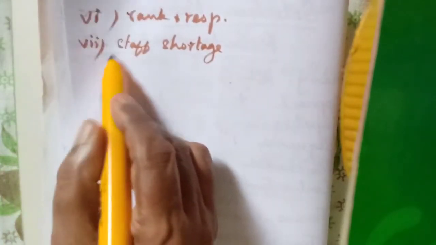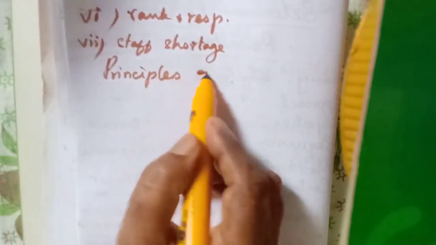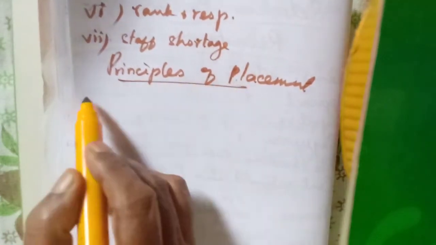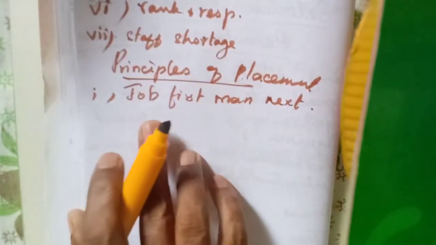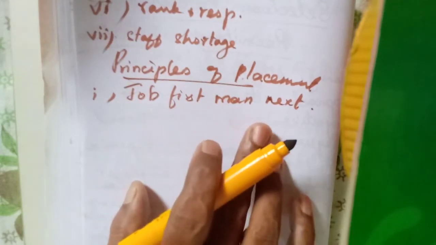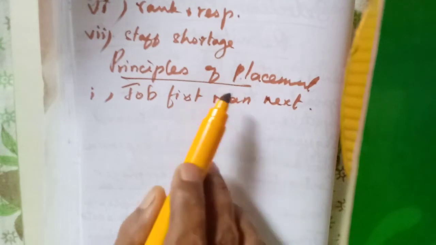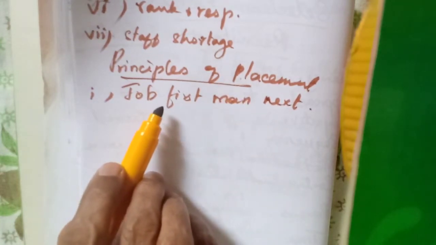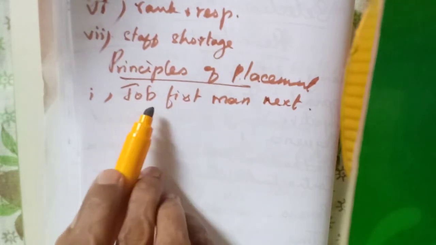Then the next heading, principles of placement. The first one, job first, man next. Why is it said? Because we are placing the right man in the right job. First we have to select the job, man next, that is the main principle.